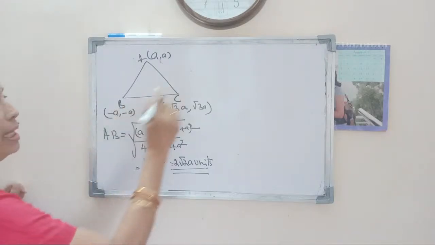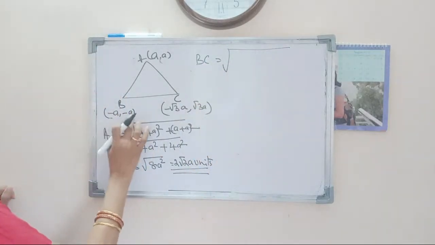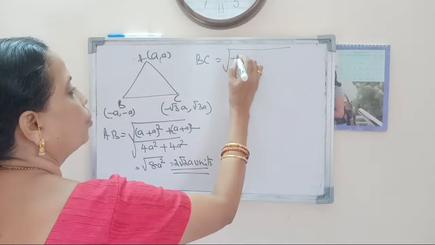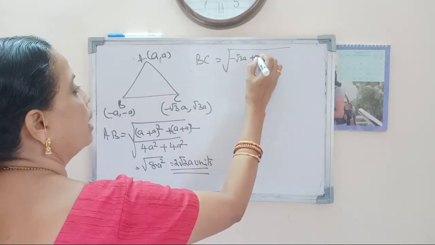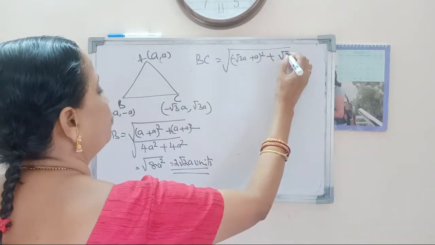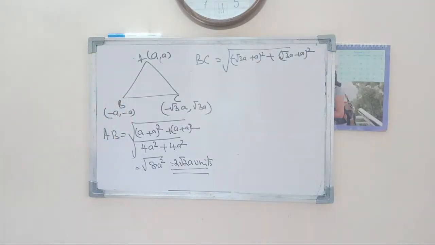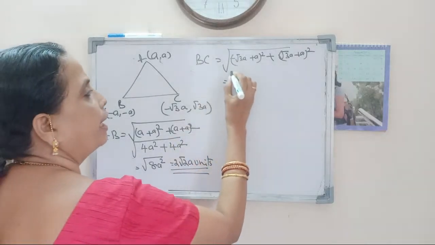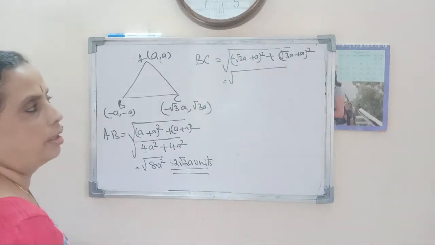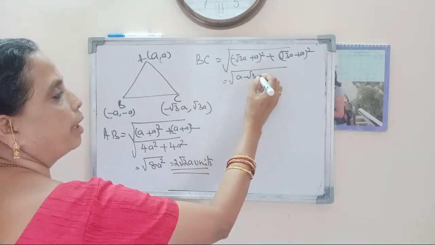Now let us find the BC distance. Here x1, y1, x2, y2. What you will get? Root of (root 3A plus A) whole square, plus (A minus root 3A) whole square.